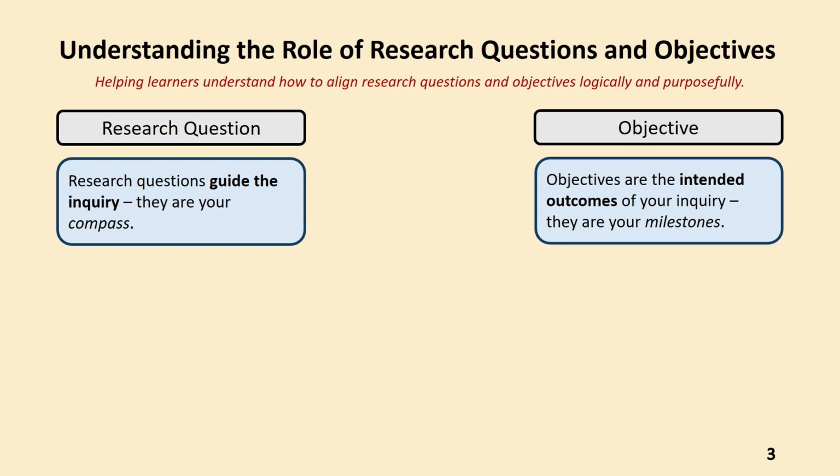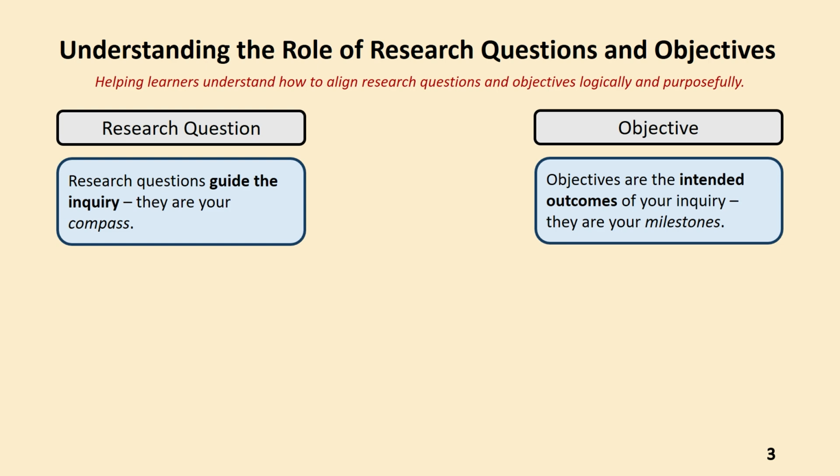As you can see on the screen, let us take the example of research question. Research questions guide the inquiry, they are your compass. We have discussed in the previous lectures also that they are a kind of compass which guides your research, how you are going to conduct any research, what is your fundamental question.